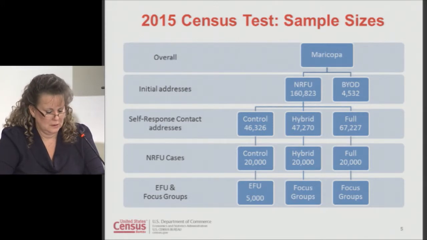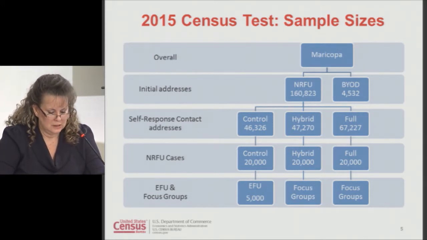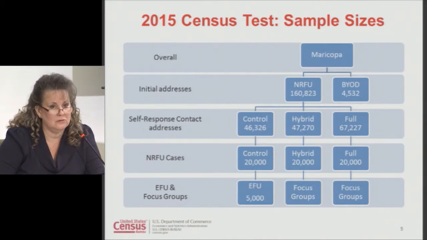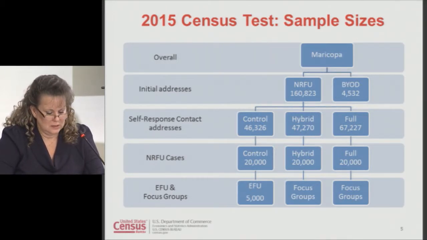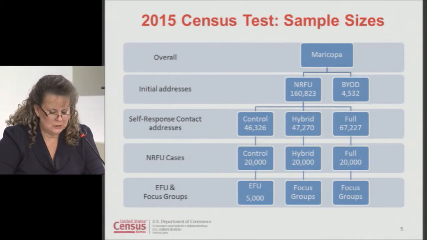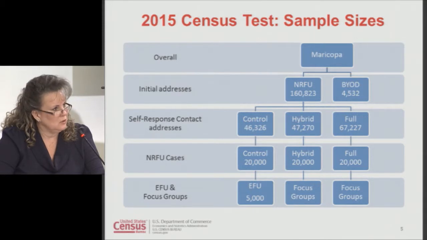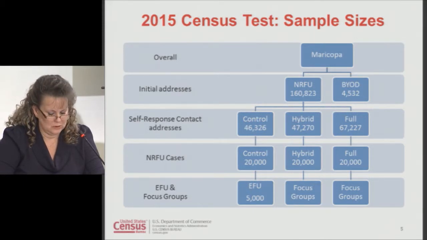I would like to stress that the focus of this 2015 census test is on non-response follow-up and the methods and technologies to reduce the workload and increase the efficiency and effectiveness of conducting the non-response follow-up operation. To that end, the initial universe and the opportunity to self-respond using the internet push strategy enable us to get to the non-responding universe.